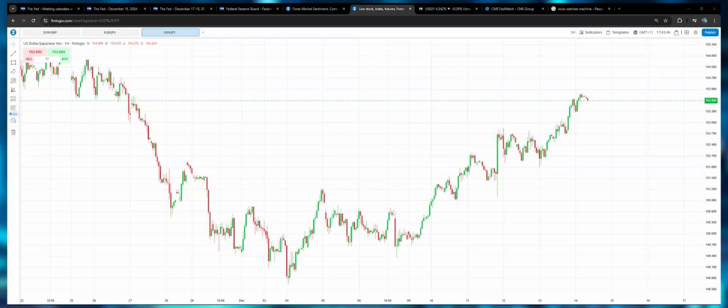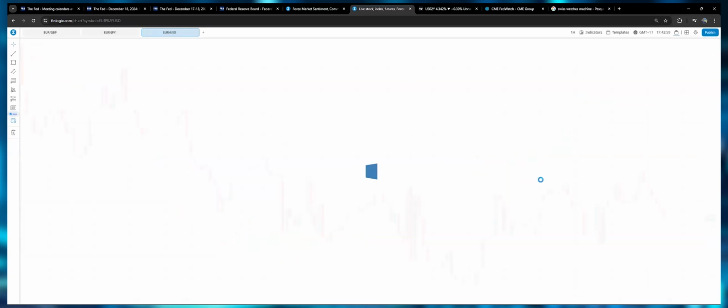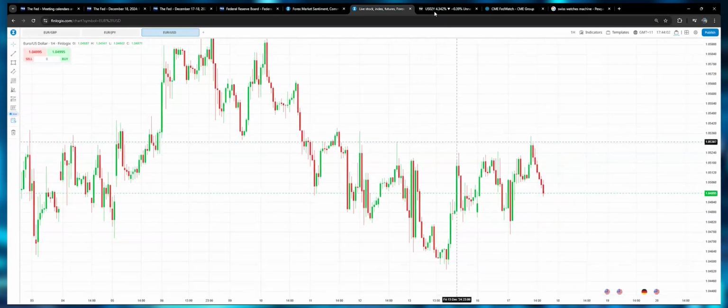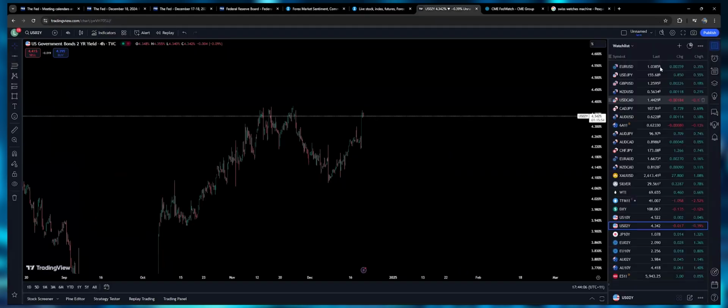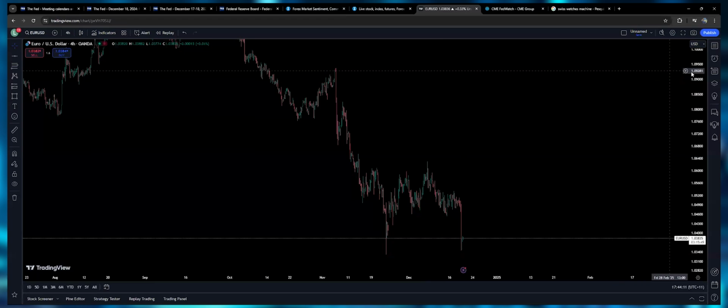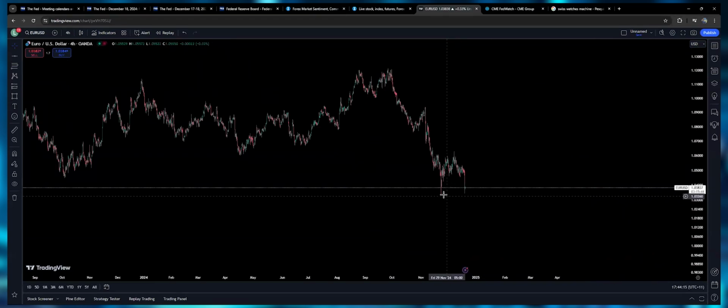So what's your projection on Euro dollar? My projection on Euro dollar, I'm short, as I said on Tuesday. Oh, this is not working. Okay, let's go use TradingView. I most likely will be short until next year. I think we have the potential to break down this area and continue to basically 1,000.